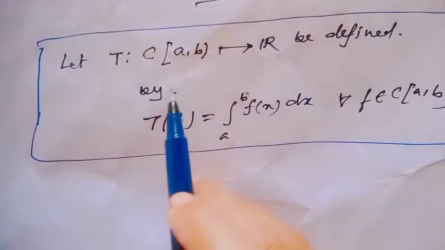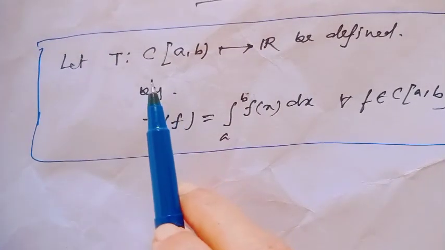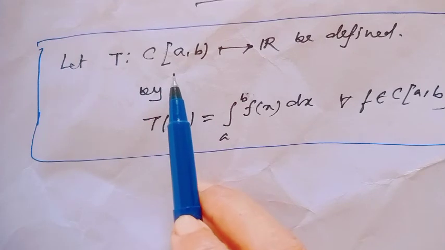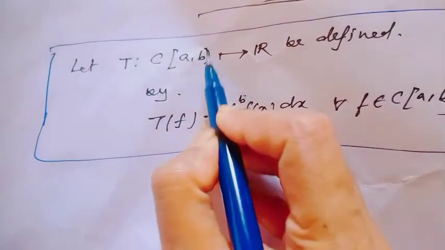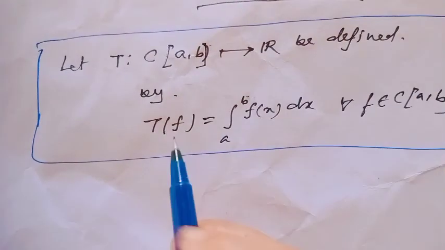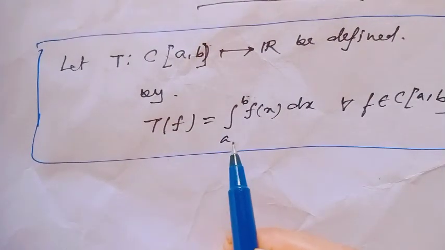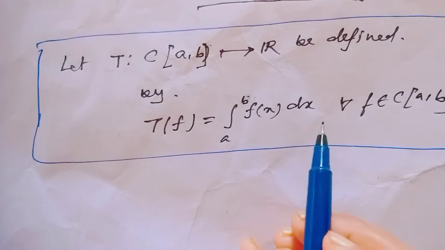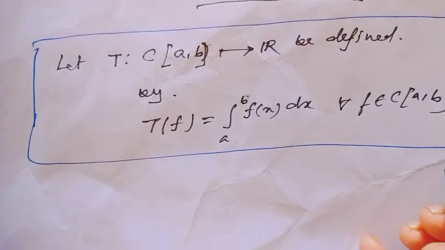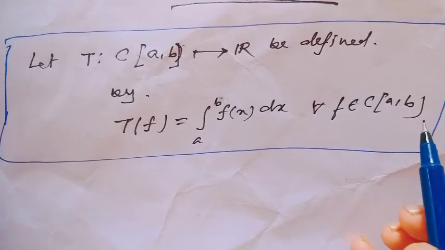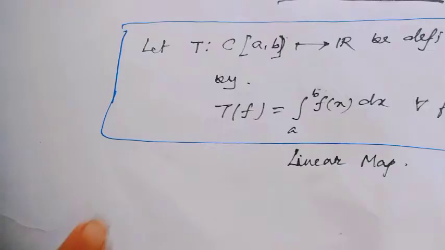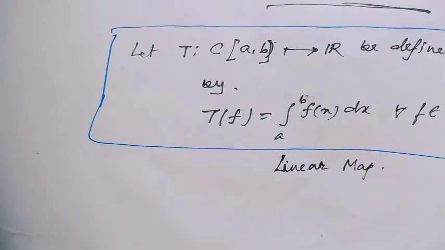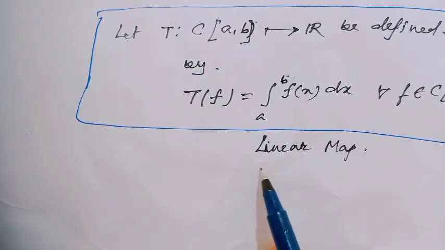Consider a similar type of another function T, a mapping from all continuous functions defined on the closed interval [a, b] to R, such that T of f equals the integral from a to b of f(x) dx, for all f belonging to the set of all continuous functions defined on the closed interval [a, b]. Similar to before, this is obviously a linear map.